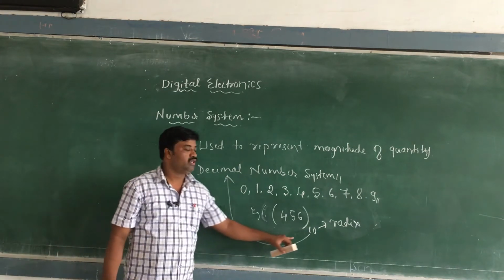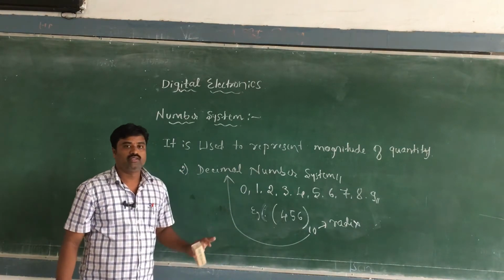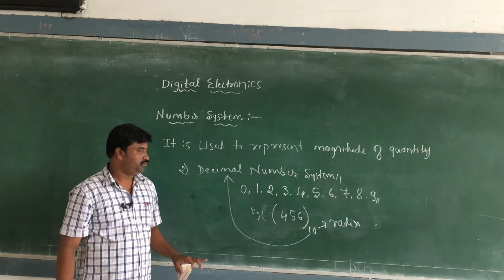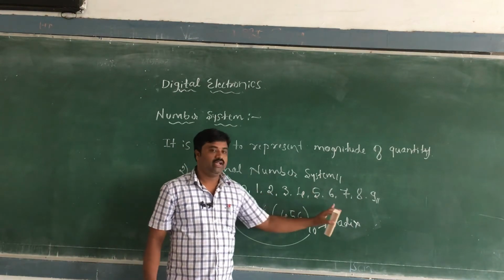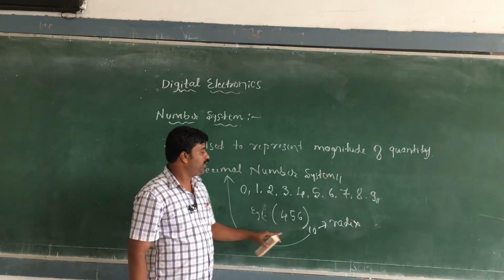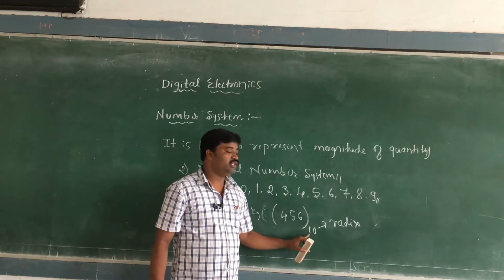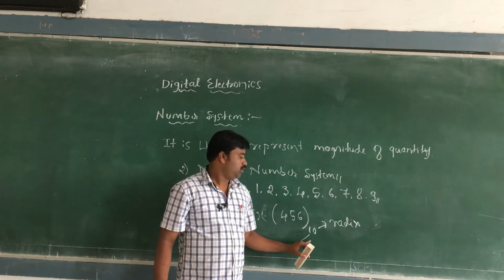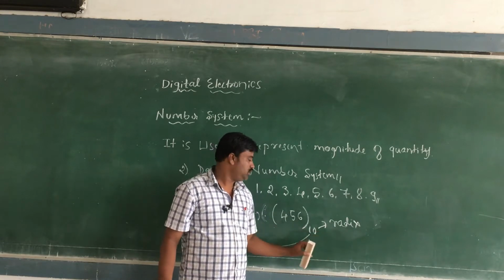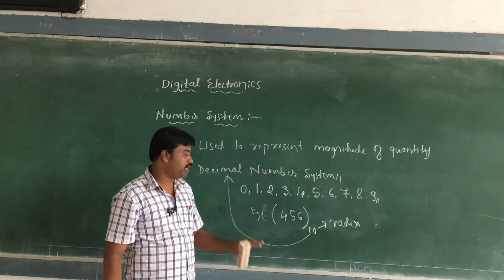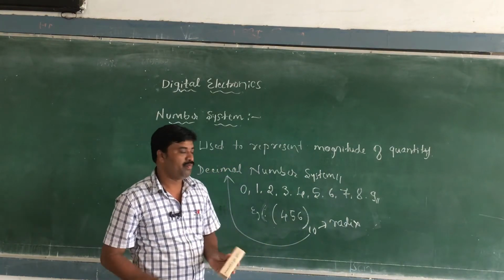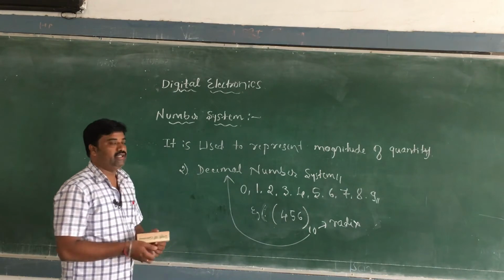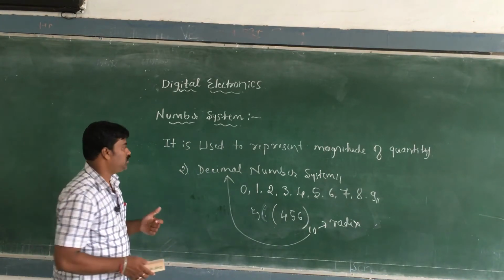Decimal number system means it has 0 to 9 numbers, and the base value for the decimal number system is 10. You have to represent 10 as the base or radix value. And then comes the octal number system.